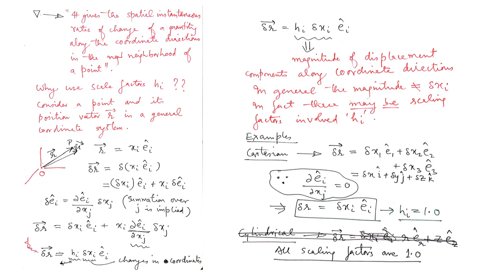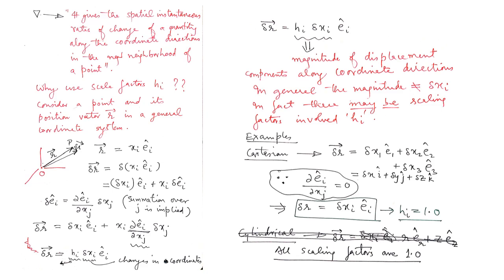So r can be written like this, and delta r, mathematics is very elegant here, means delta of xi ei. A change in a product of two things can in general be due to changes in either of them. So in the next step it's written as delta xi ei plus xi delta ei. That means change in xi ei can be brought about by changes in coordinates or changes in unit vectors.